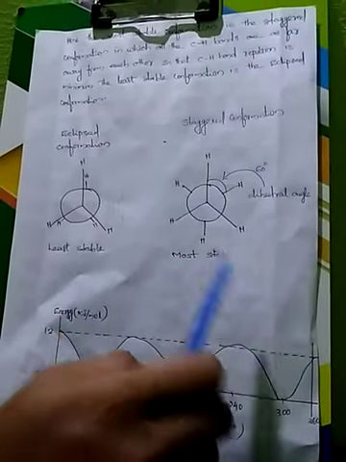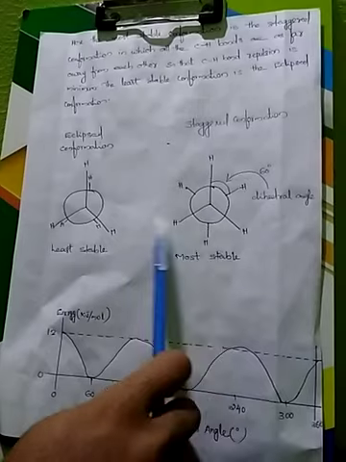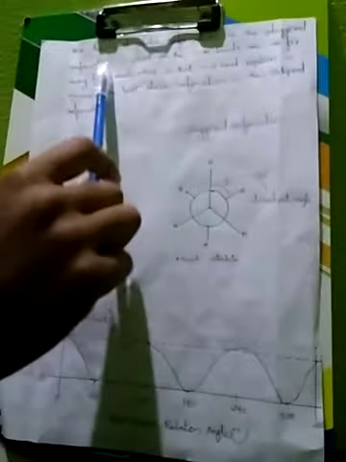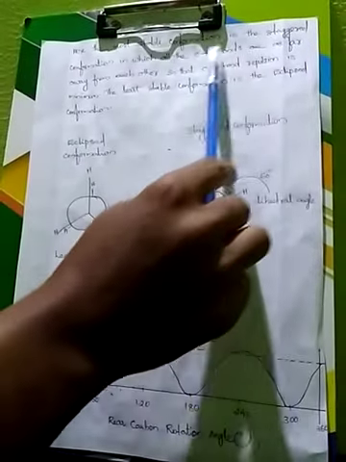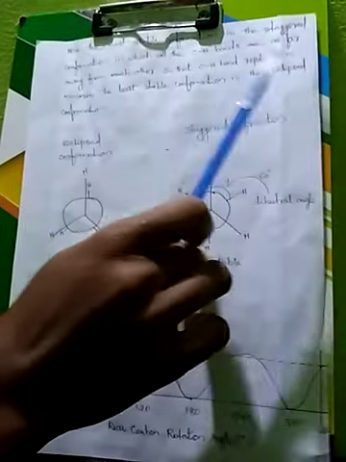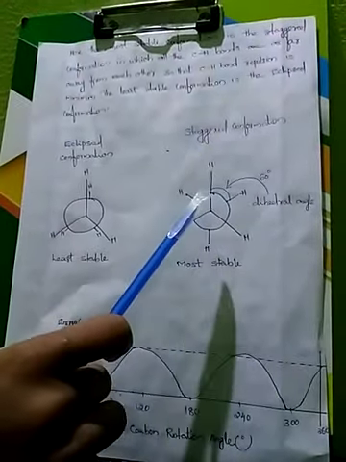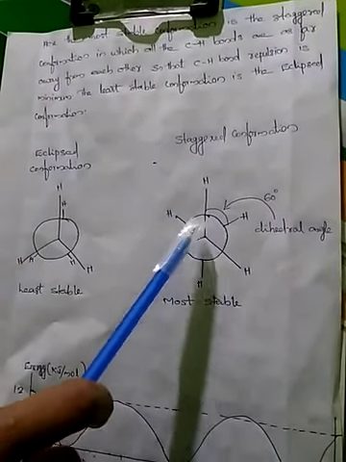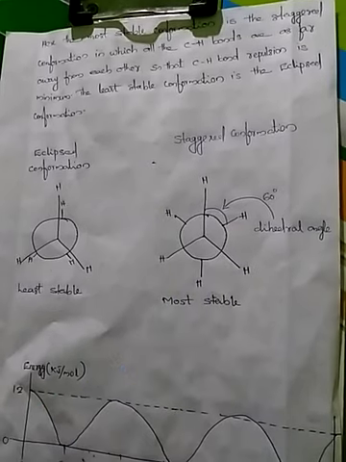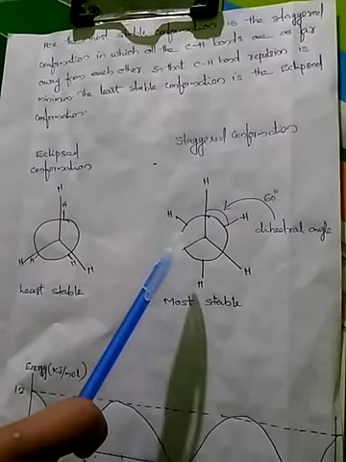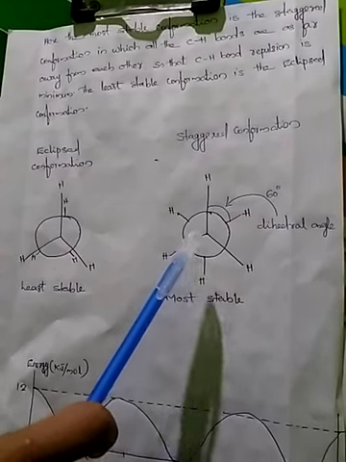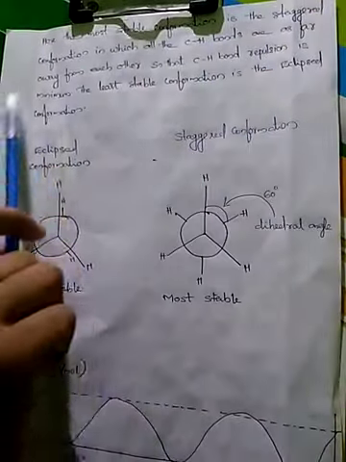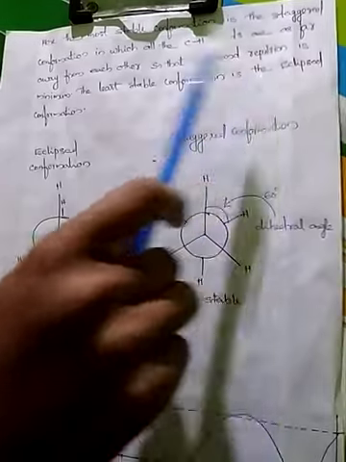Out of the eclipsed and staggered conformations, which one is the most stable? The most stable conformation is the staggered conformation, in which all the CH bonds are as far away from each other as possible. This is the most stable conformation of ethane, because all the CH bonds are as far away from each other, so the CH bond repulsion is minimum.